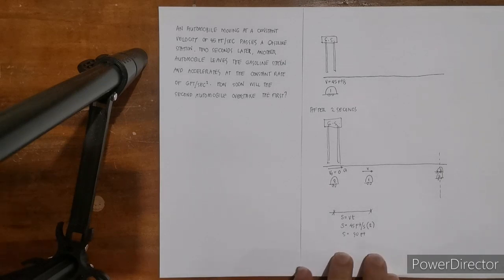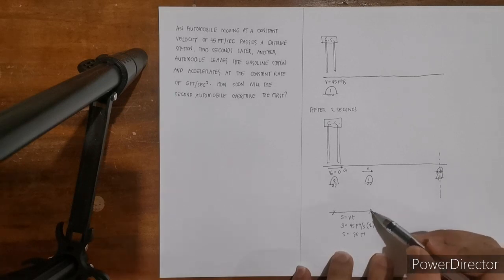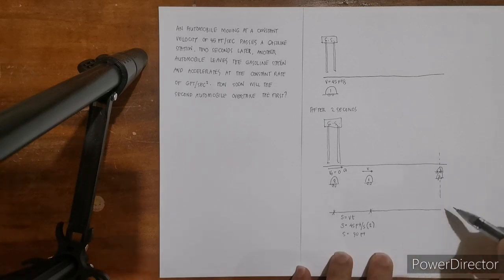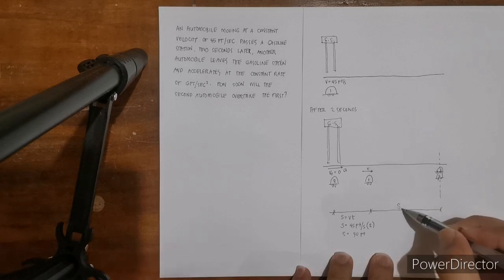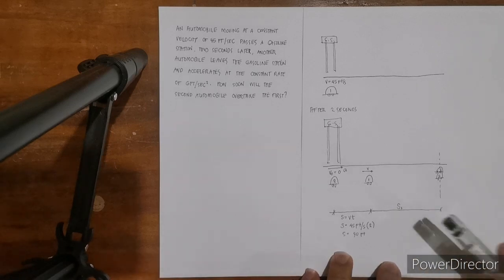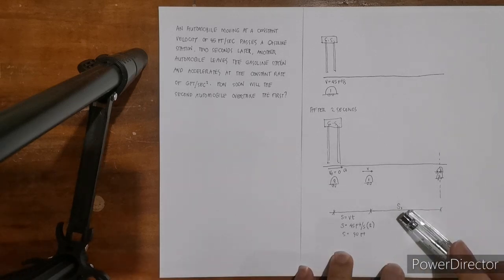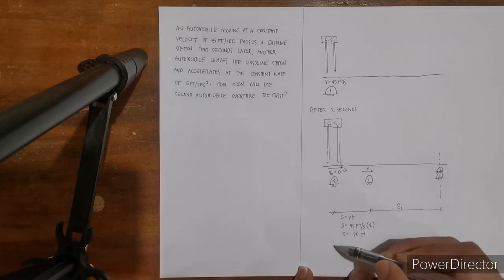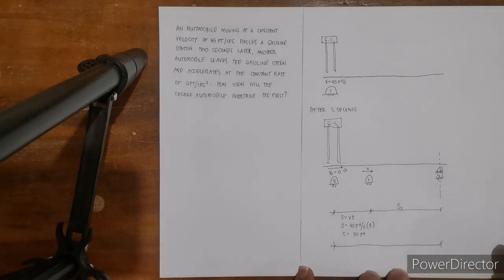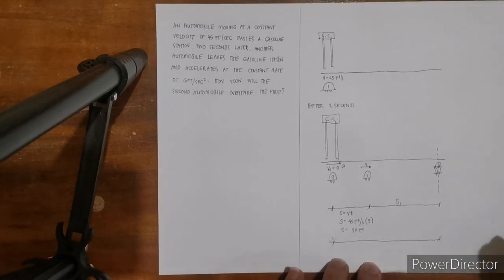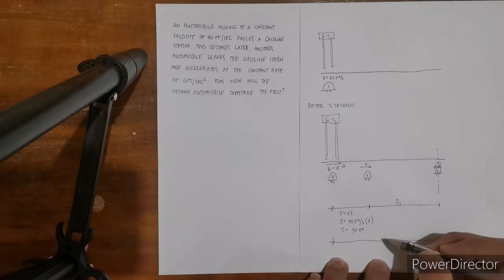Okay, so what will be that time? If we analyze here, from this point to this point, that will be the distance traveled by the first automobile. And then, from this point up to this point, that will be the distance that the second automobile will travel at the duration time t.